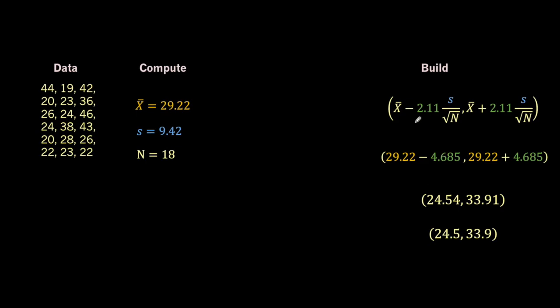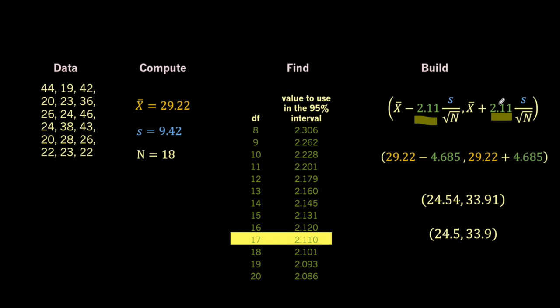So what are we missing? Where is this 2.11 coming from? This comes from a table. So one of the things Gosset did when he developed this theory of the t-distribution, he said, okay, let's come up with these values. So in a table, you typically would look at what is the value to use to compute 95% intervals. And then you would find the value that corresponds to your degrees of freedom.